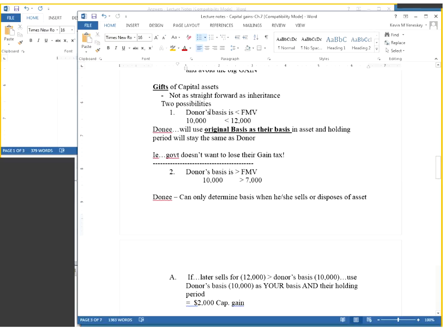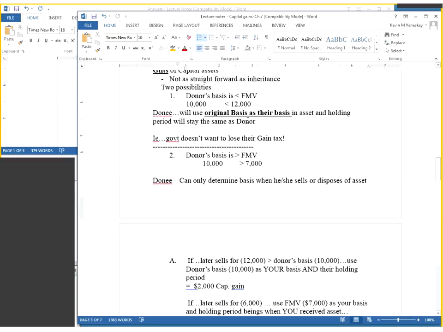If the first possibility is the donor's basis being less than what it's worth right now, so the stock has gone up in value. Here's a little visual to help. The person who's giving you the item bought it for $10,000, and it's now worth 12 at the date they're giving it to you.